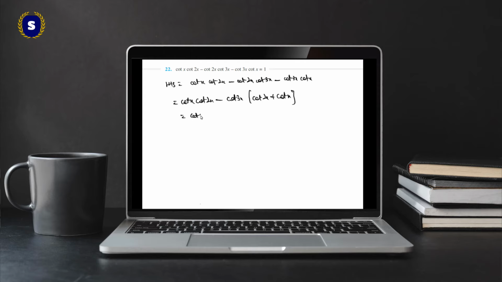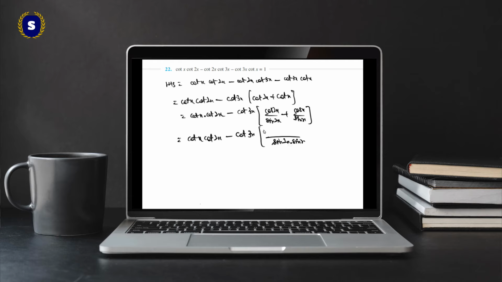So cot x cot 2x minus cot 3x into cot 2x, that is cos 2x upon sin 2x plus cos x upon sin x. Taking the LCM, sin 2x into sin x.